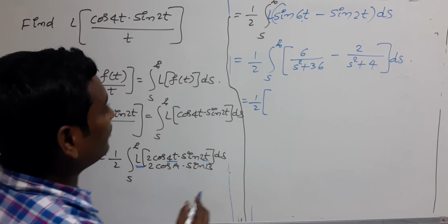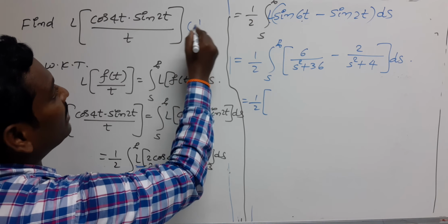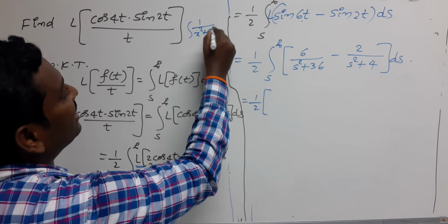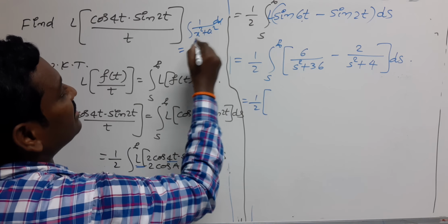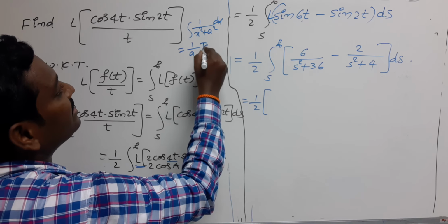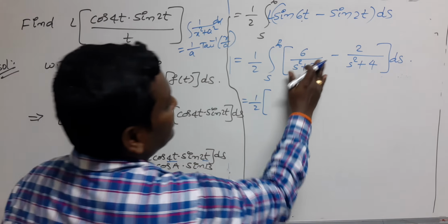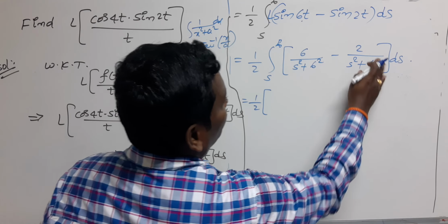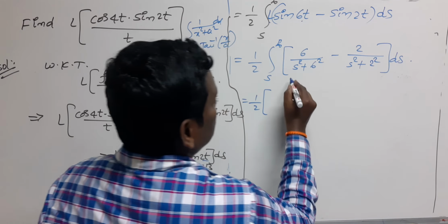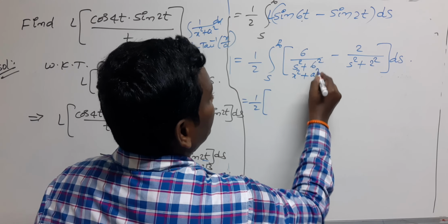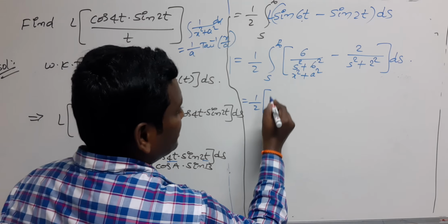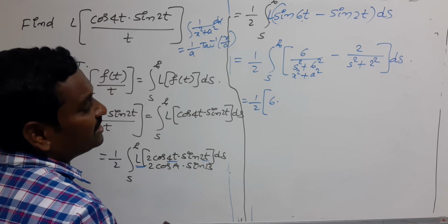clearly it is in the form of integral 1 by x square plus a square into dx. The formula for this integral is 1 by a tan inverse of x by a. According to this formula, 36 can be written as 6 square, 4 can be written as 2 square. So it is in the form of x square plus a square. So 6 already is there in the numerator, right, in the outside of the integration.